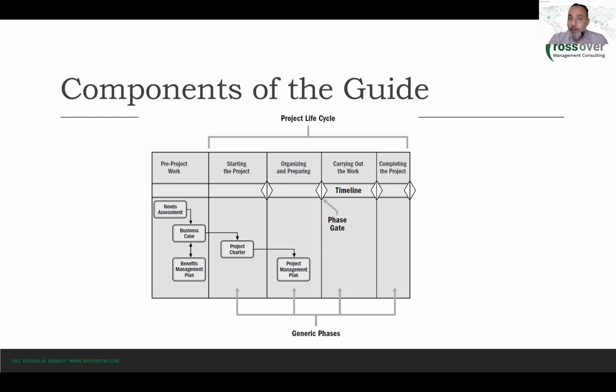this checkpoint. The purpose of this checkpoint, or the phase gate, which we also call the kill point, is to make sure that we will not proceed to the next phase until we are very sure that the project is going in the right direction, that the project is going to deliver what it is supposed to deliver, that the project will bring about the benefits that we planned for.